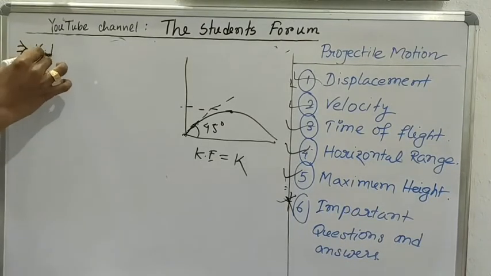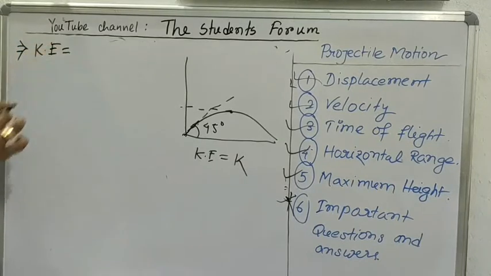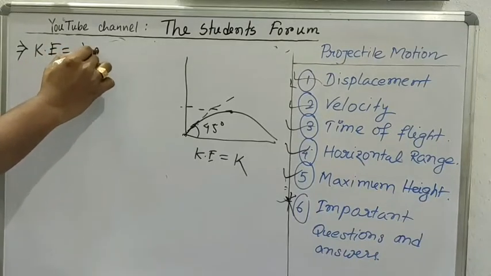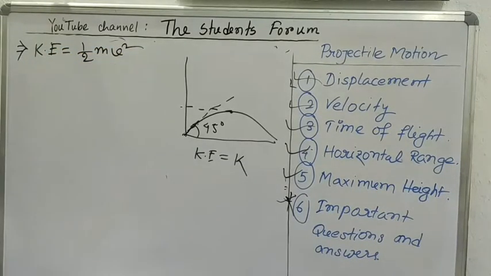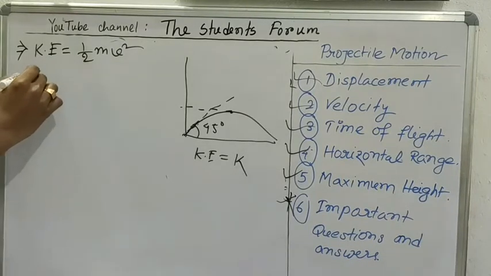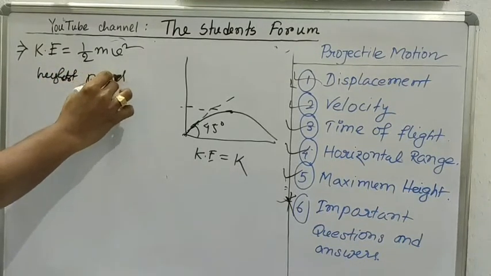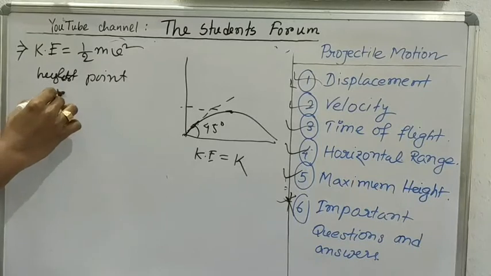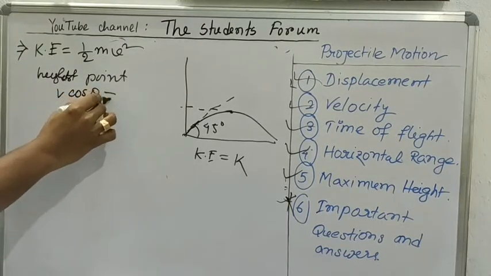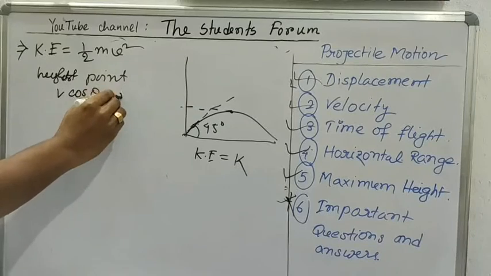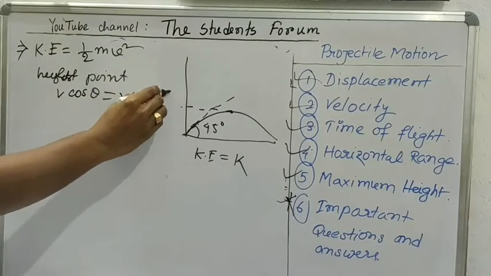So kinetic energy is given by half m v square. Suppose v is the velocity of projection. At highest point, v equals v cos theta equals v cos 45 degree.